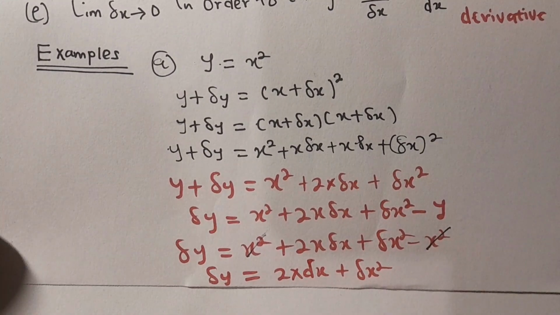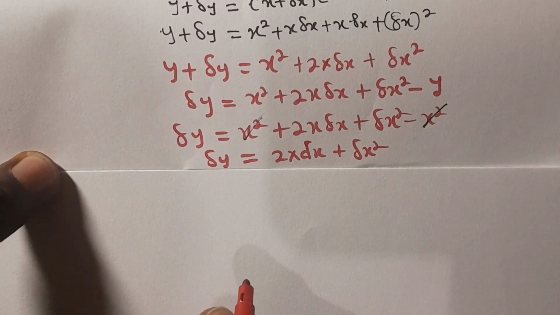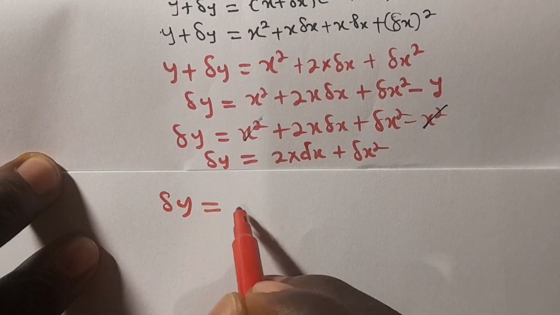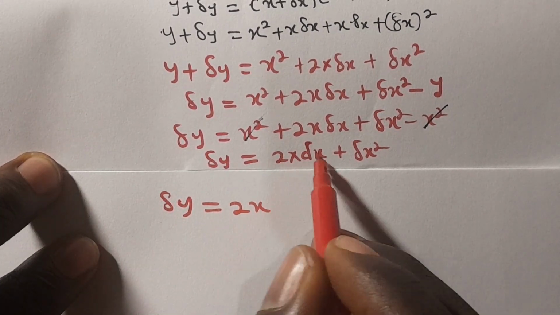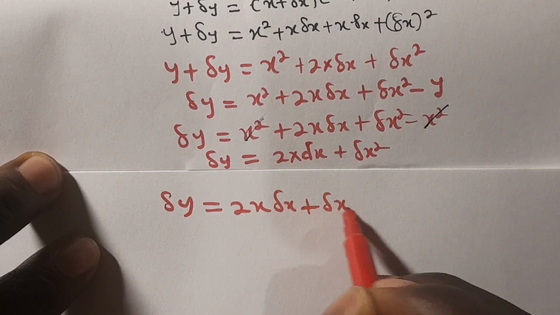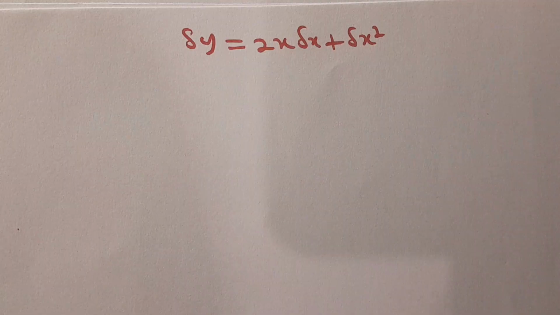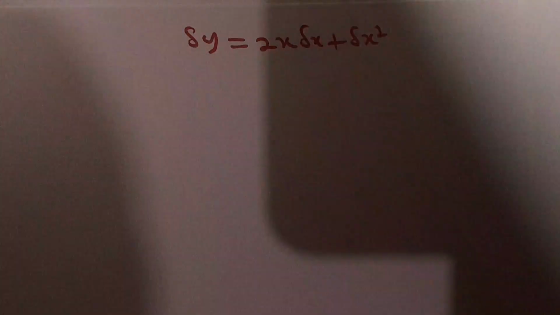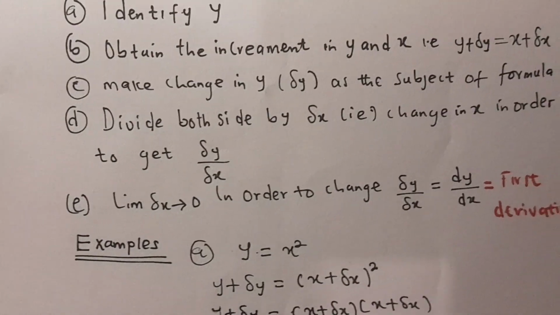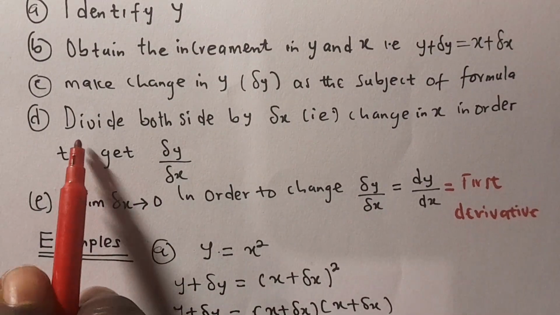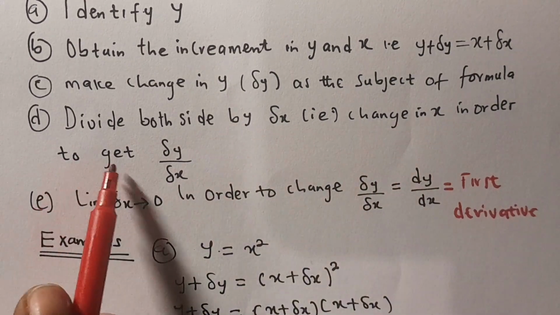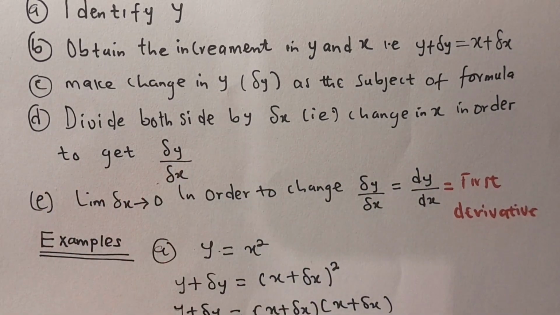So from here, we have change in y equals 2x change in x plus change in x squared. The fourth rule says, divide both sides by change in x in order to get change in y over change in x.